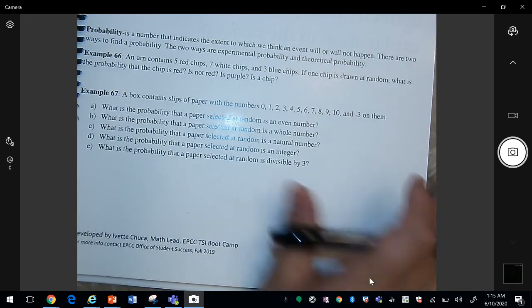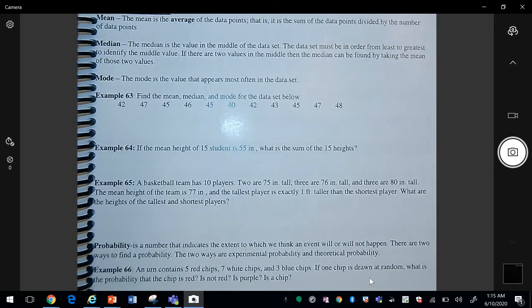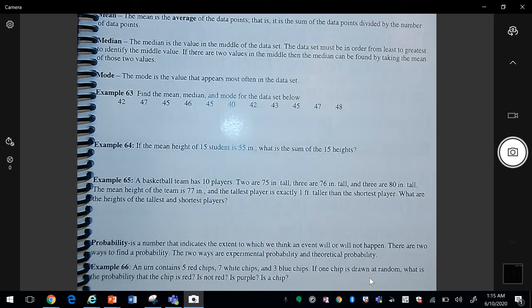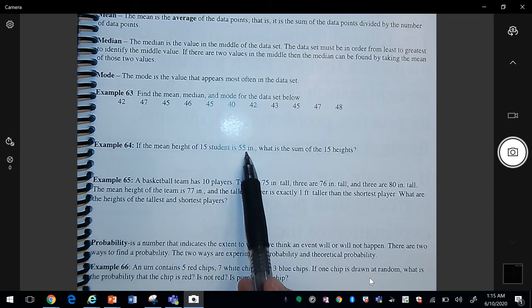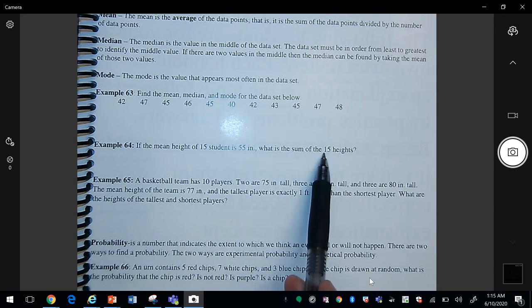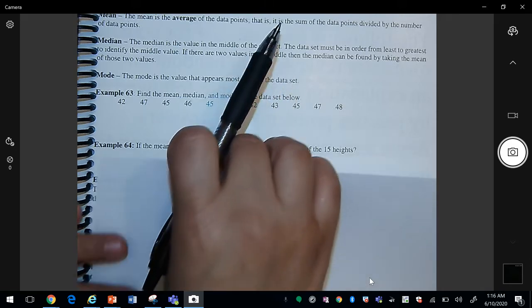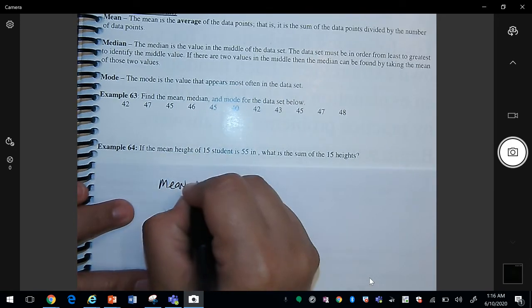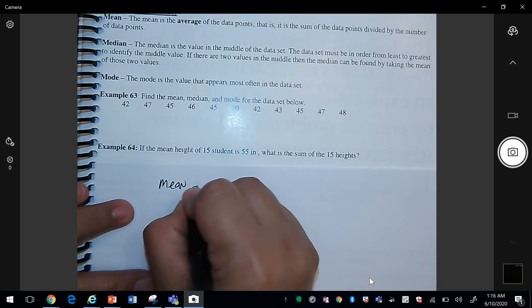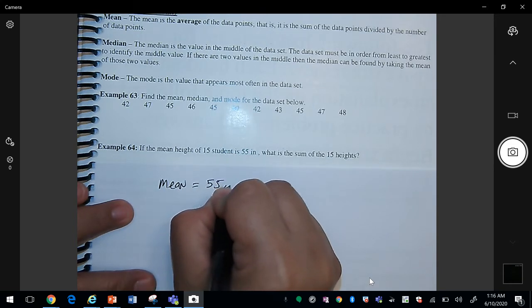Let's go back to these examples. Example 64. If the mean height of 15 students is 55 inches, what is the sum of the 15 heights? Here, they tell us that the mean height of 15 students is 55 inches.